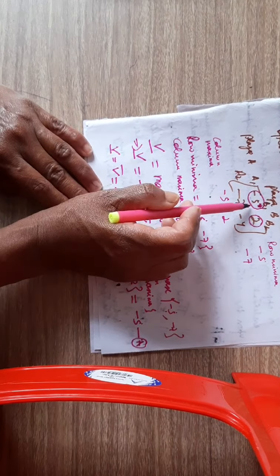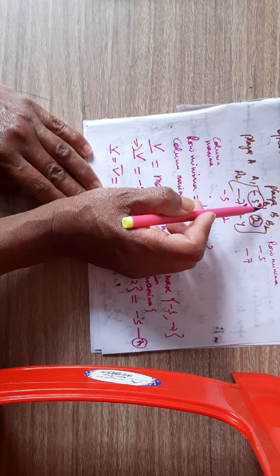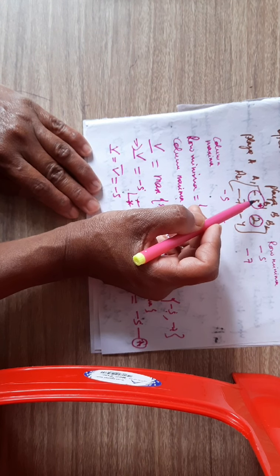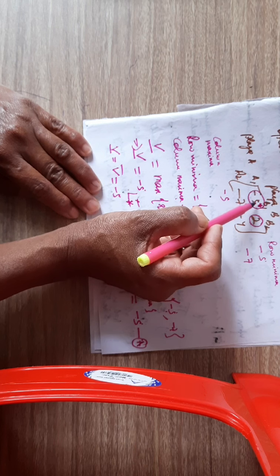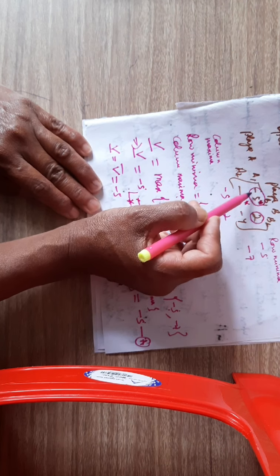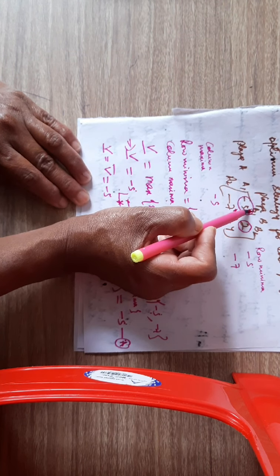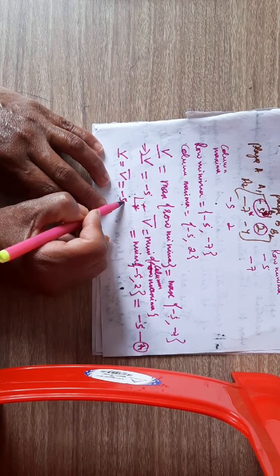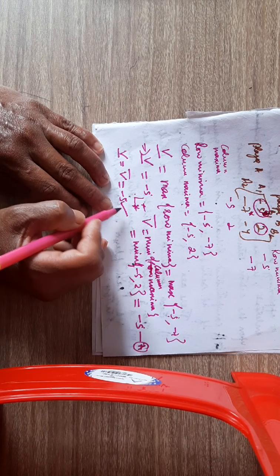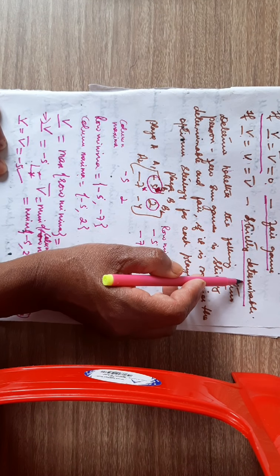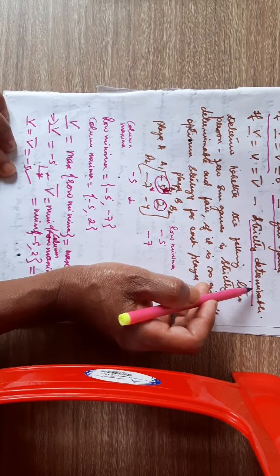From this payoff matrix, the common value is this one. Why? Because it is both the row minima and at the same time the column maxima, where we have put a star mark and also encircled this one. So this -5 will be called the value of the game, and since it is not equal to 0, the game is strictly determinable.